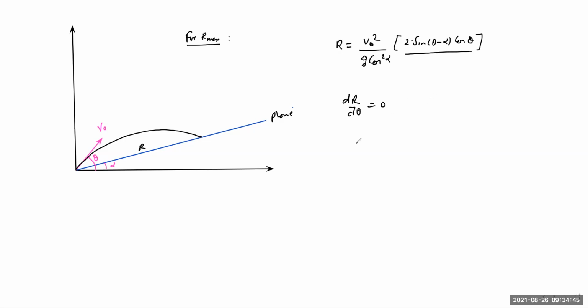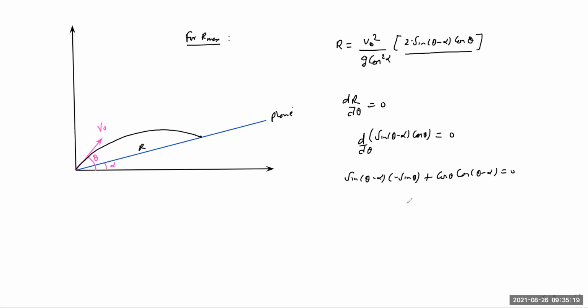So if you differentiate, what do you get? Everything is constant: 2 v naught square by g cos square alpha. So we have to only differentiate with theta. We can use the product rule, d by d theta of sine theta minus alpha into cos theta. Take the sine outside, differentiate cos, which will give you minus sin theta, plus take cos theta outside and sine will give you just cos theta.